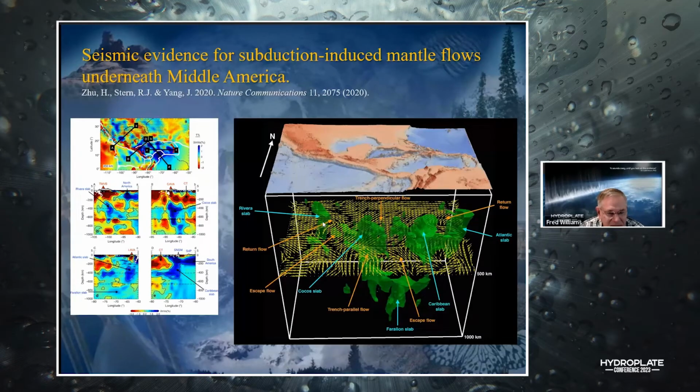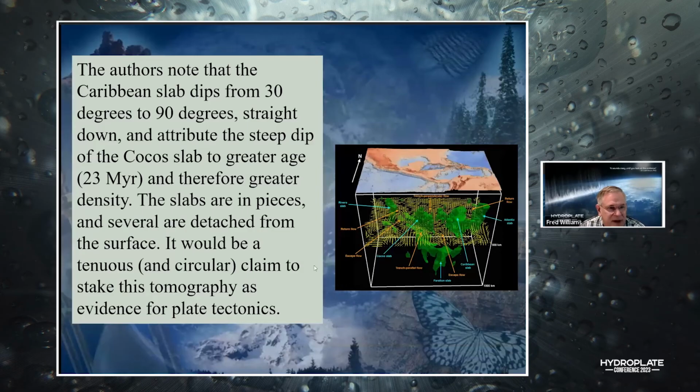We don't know. But can you really get from this image of this area here where there's supposedly a subducting plate, evidence of subduction? Even if you look at the paper, the authors note that the Caribbean slab dips from 30 degrees down to suddenly 90 degrees straight down. And then they attribute the steep dip of the Cocos slab to greater age. Well, that's convenient.